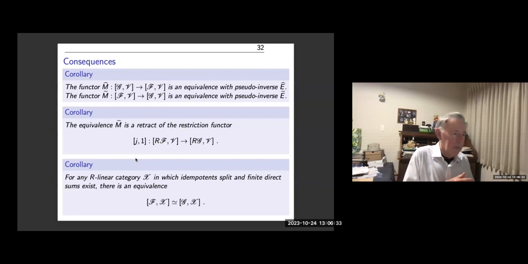So you can replace the V by any category in which you've got idempotent splitting and finite direct sums. That's the same as the Dold-Kan theorem. You can take simplicial objects in any category with split idempotents and finite direct sums, and you'll get the same as the chain complexes.